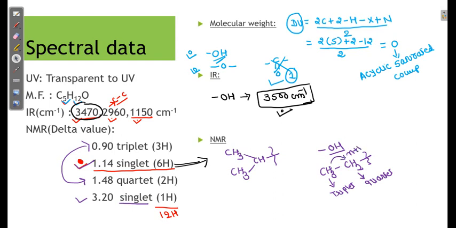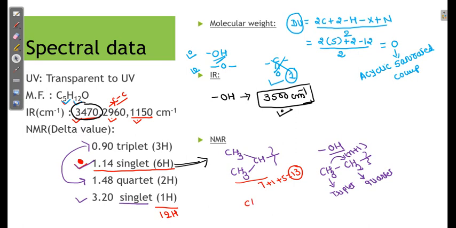What is n? N is the neighboring hydrogens. Now these are the possible fragments which we get from the NMR, IR and DU. If we calculate the number of hydrogens here, it is 3 plus 3 is 6, plus 1 is 7, plus 1, then 3 plus 2, that is 5, that is 13. So there is a smaller number of hydrogens, but we are getting more. So I arrange the fragments.